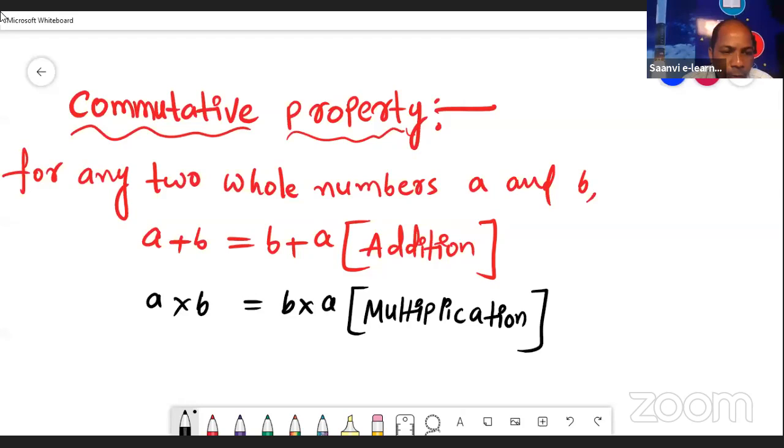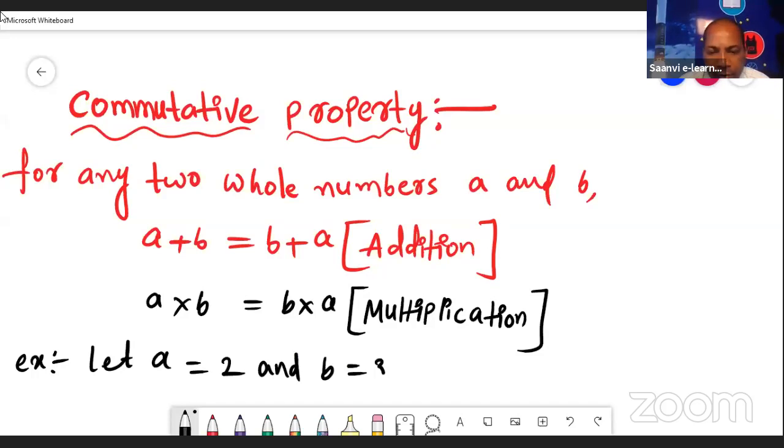You take any two whole numbers. Suppose I am taking two whole numbers, a and b. Suppose a is equal to 2 and b is equal to another whole number, 3. So add them in straight and reverse order.